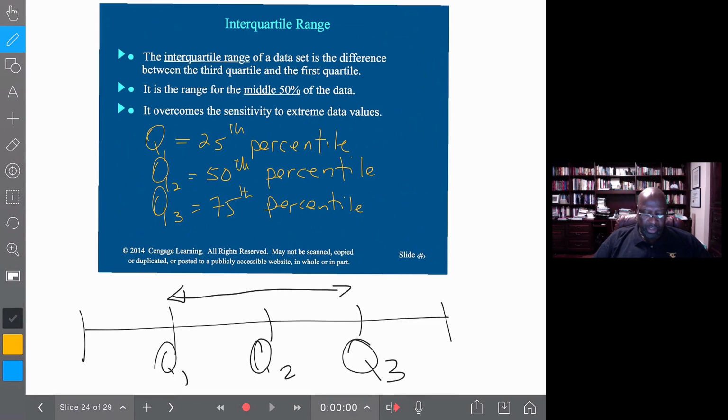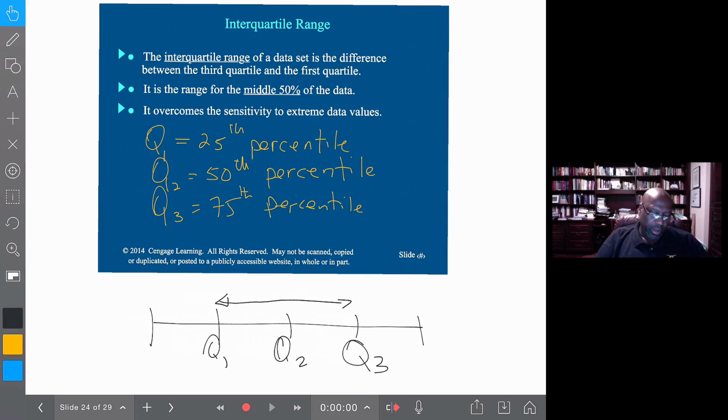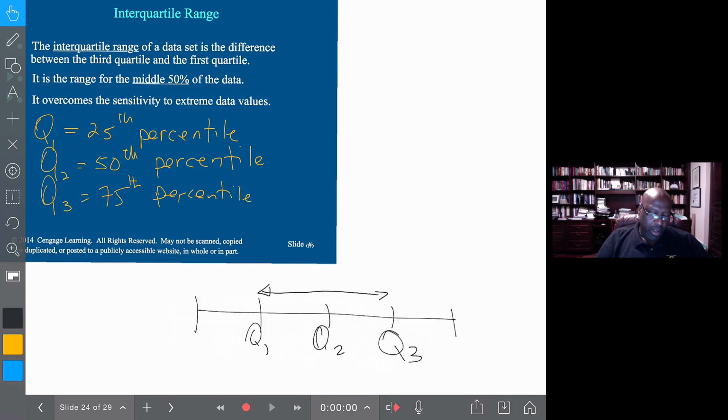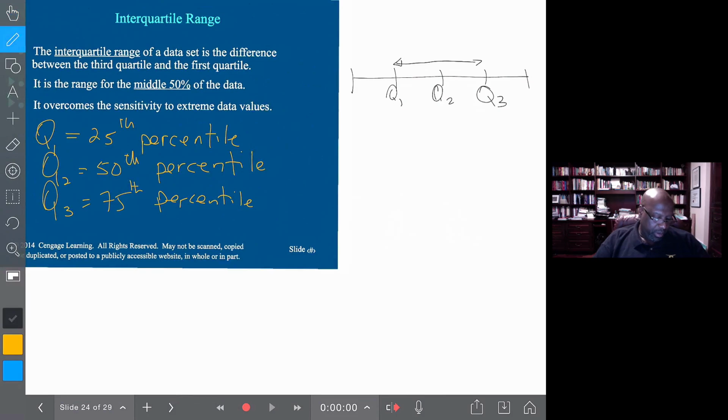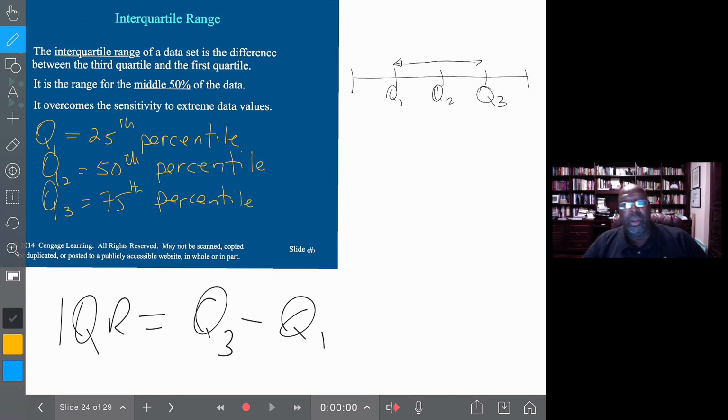In other words, it is Q3 minus Q1, and that's not hard to calculate at all. So the interquartile range, called IQR, is simply Q3 minus Q1.